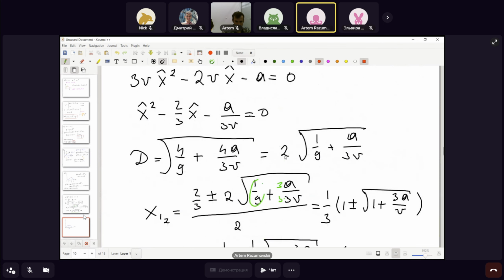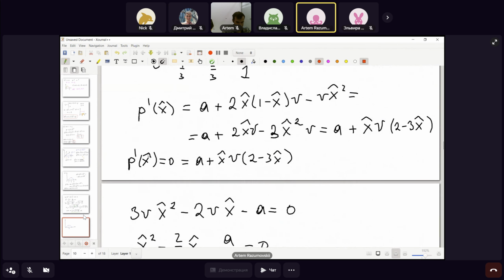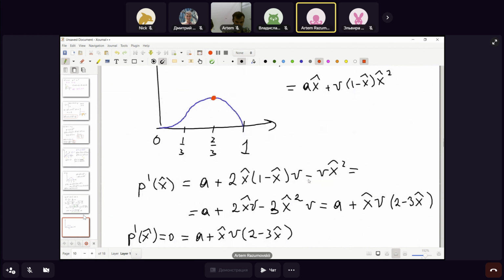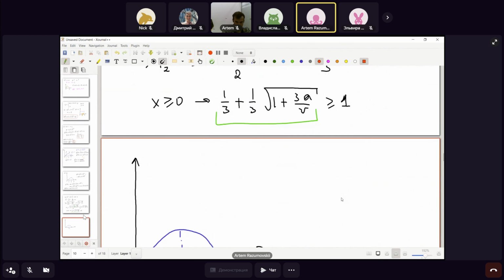Let me actually derive. So we just derived the first order conditions, right? So then again, I will write the function here: a x hat plus v times 1 minus x hat squared. What will be if x equals 0?